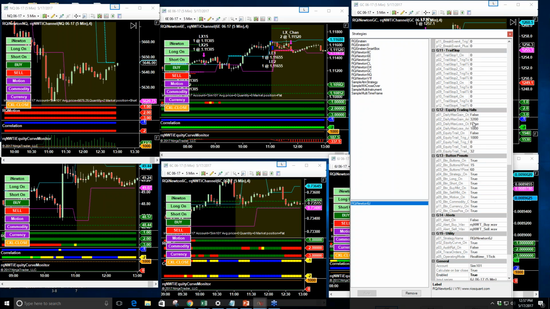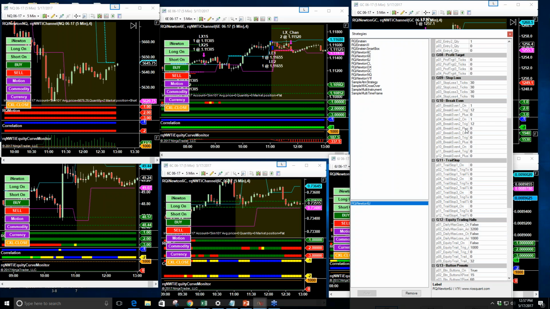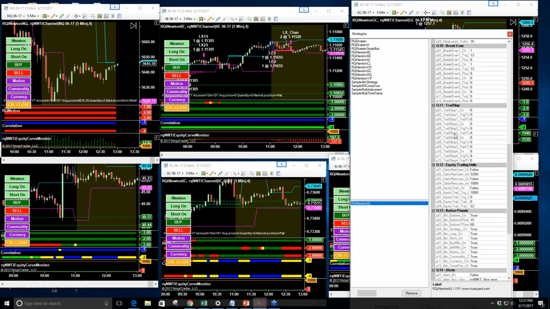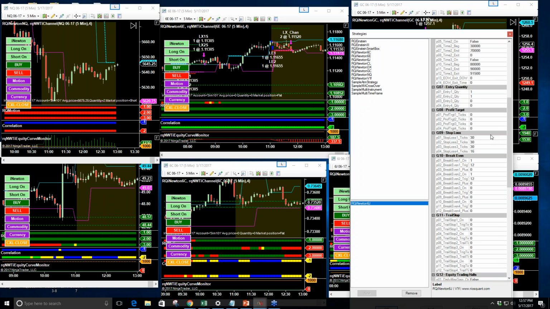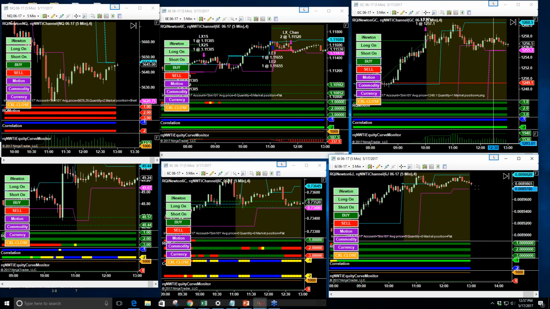The yen has a trailing stop of 3. So your yen's going to get you out somewhere around here. So I'm guessing the most you can probably give back is $300.